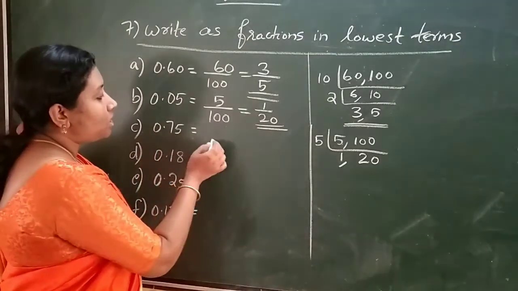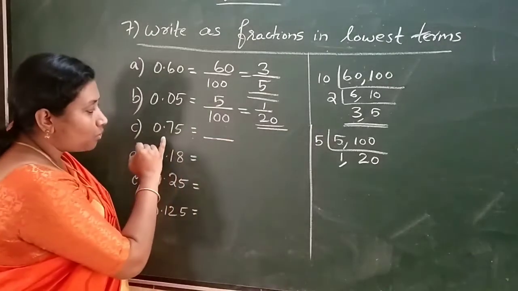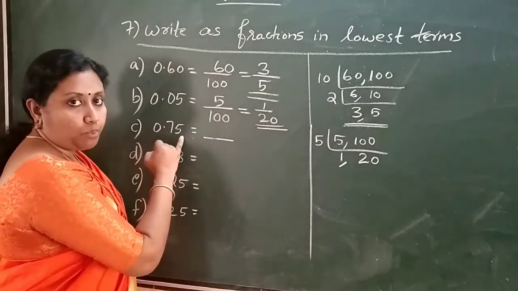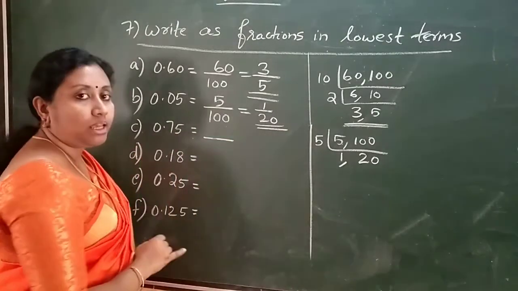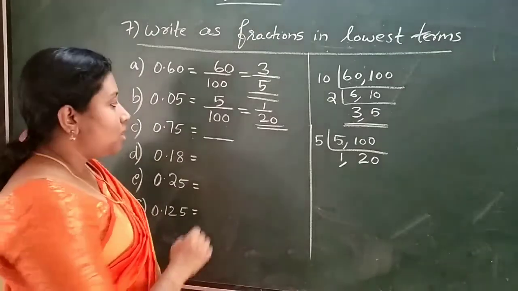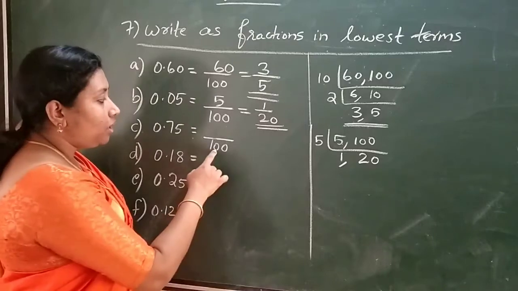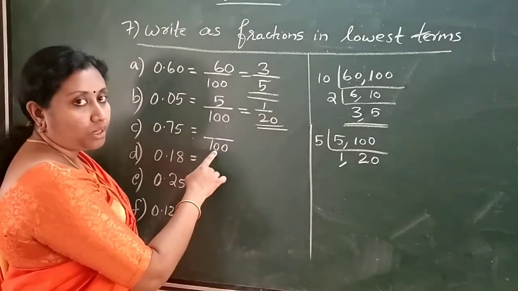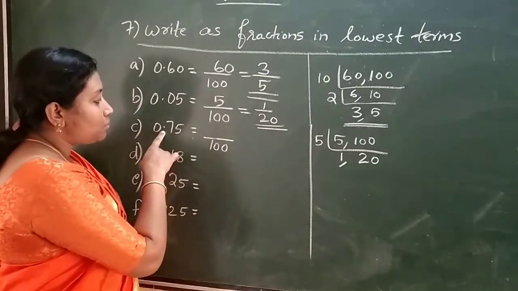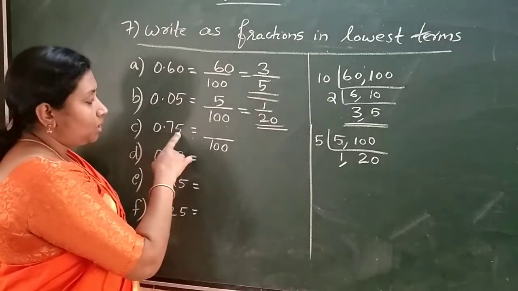Then your third question, 0.75. What is the denominator here? After the decimal point, how many digits are there? 2 digits. So the denominator is 100. We need 2 zeros in the denominator. Why? After the decimal point, 2 digits are there.